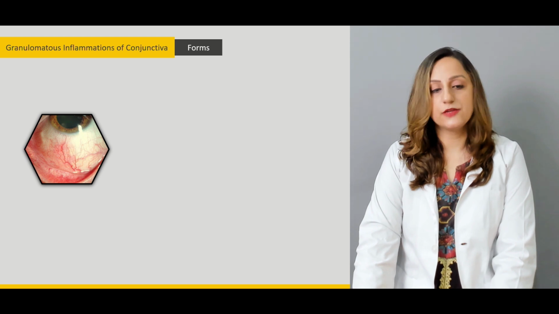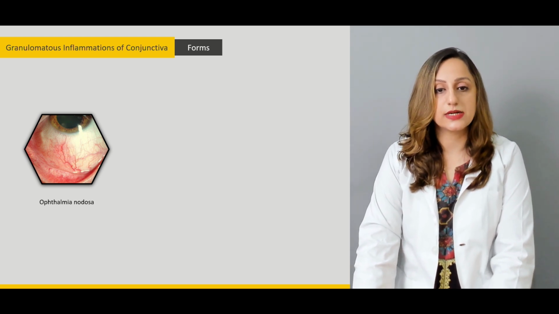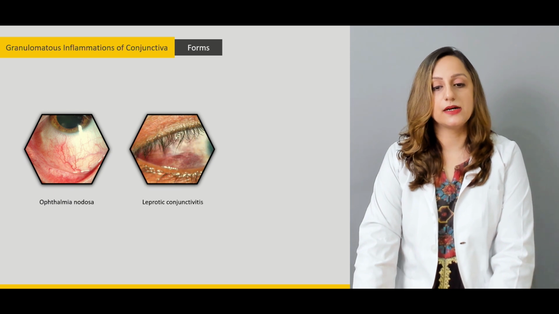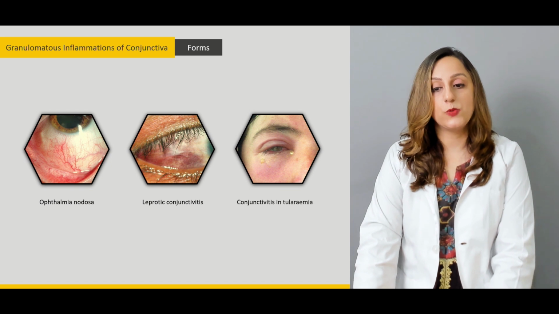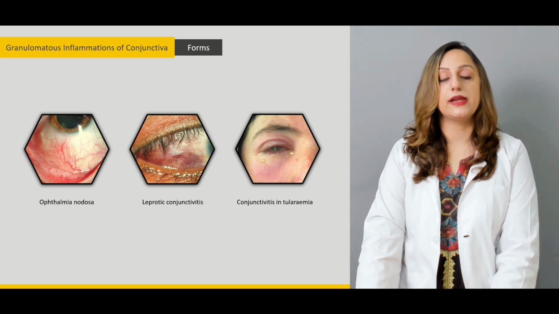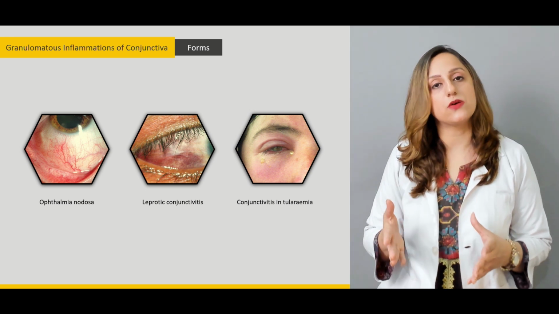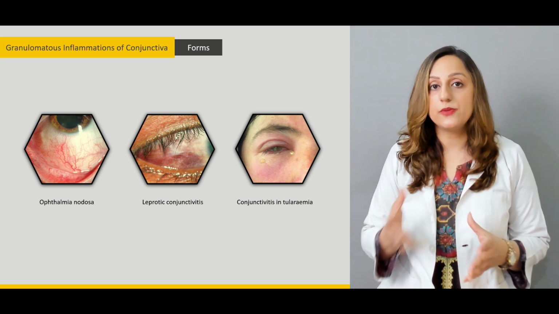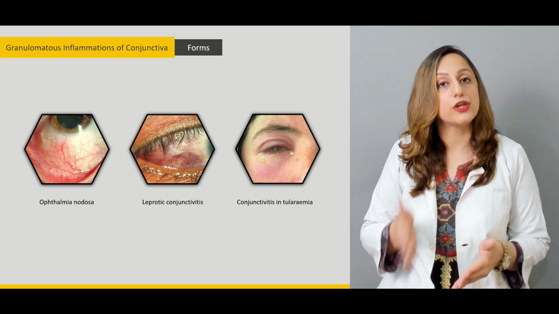The granulomatous inflammations of the conjunctiva include ophthalmia nodosa. Then we have leprotic conjunctivitis, and finally conjunctivitis in tularemia. So these are the different forms of granulomatous conjunctivitis. It can be a nodular form or a follicular form.